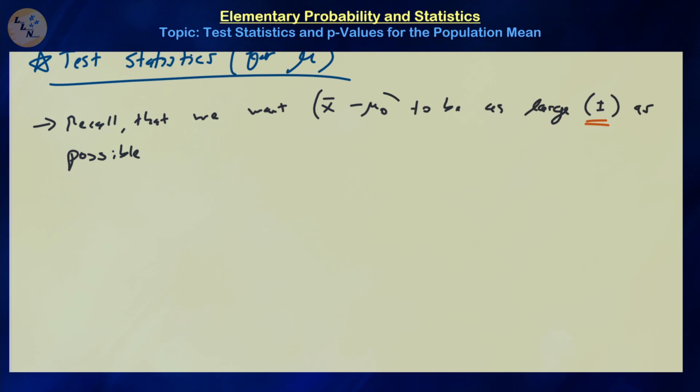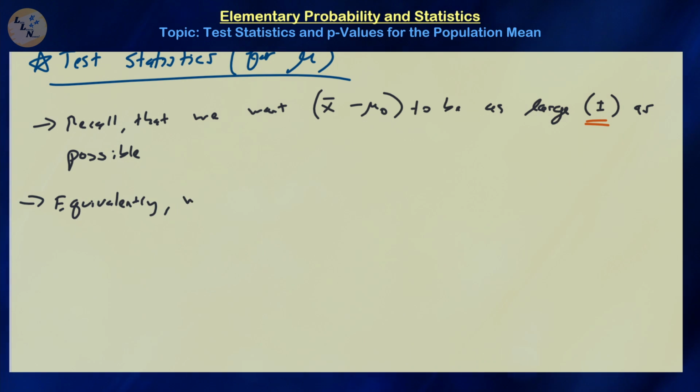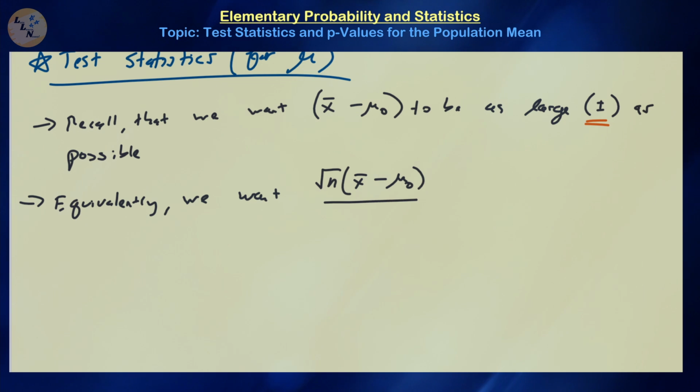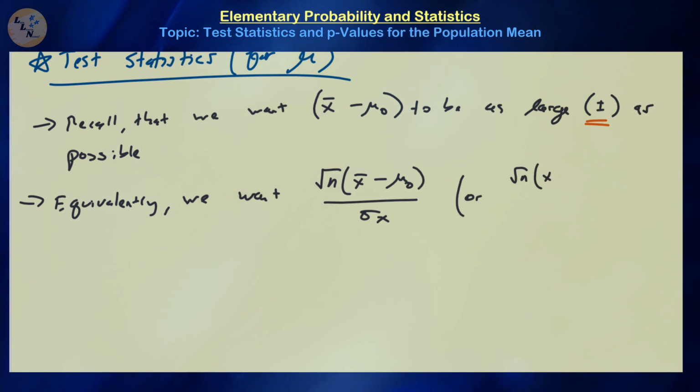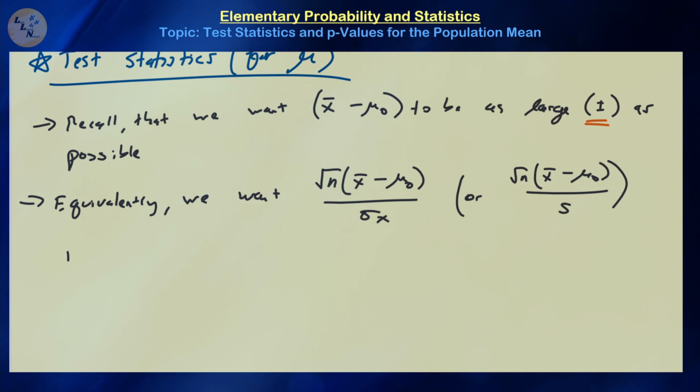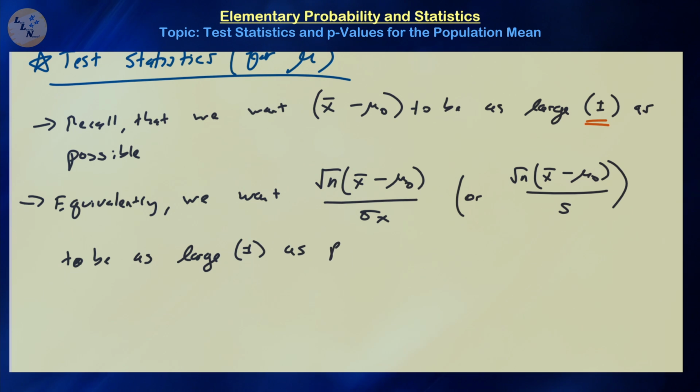So if we want x bar minus mu 0 to be as large as possible, that means equivalently we want the square root of n times x bar minus mu 0 all over sigma x, or the square root of n times x bar minus mu 0 all over s, to be as large, positive or negative, as possible.